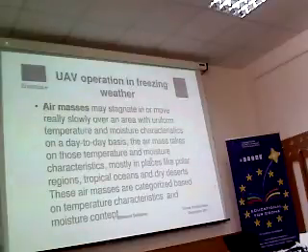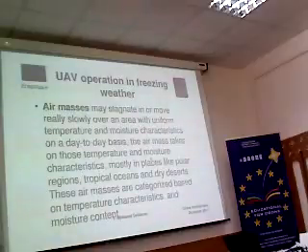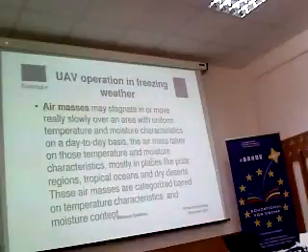So an air mass is some zone of air that may not move or disappear.